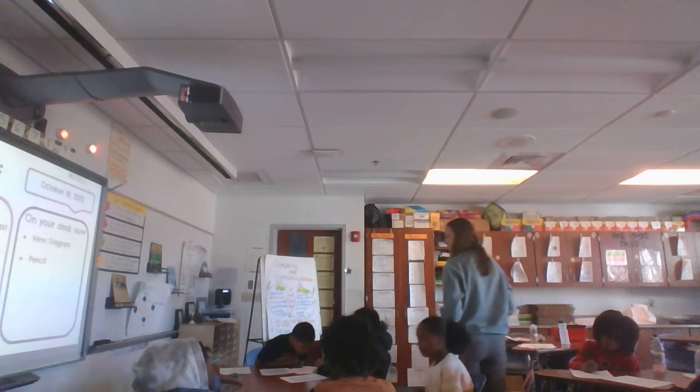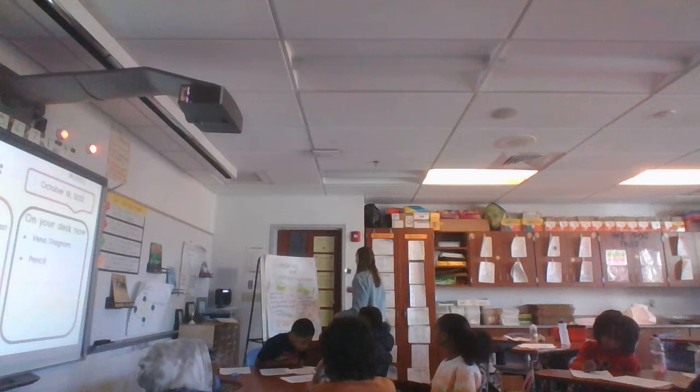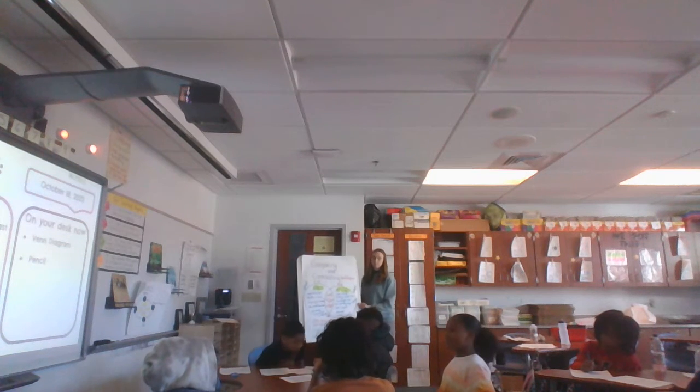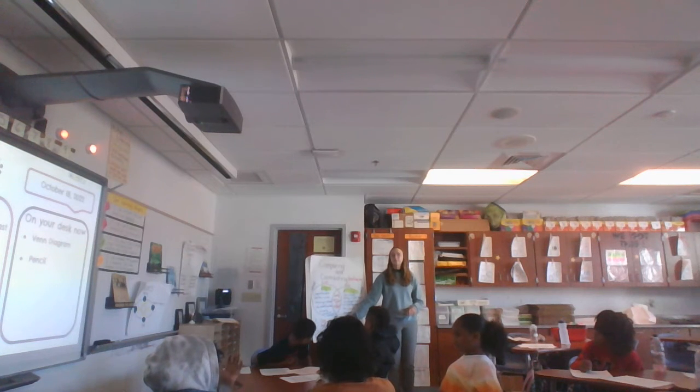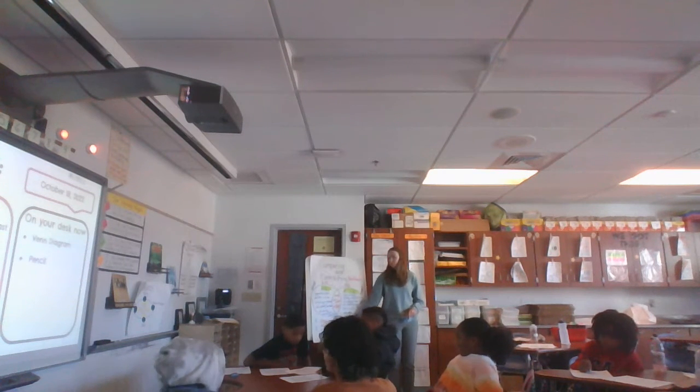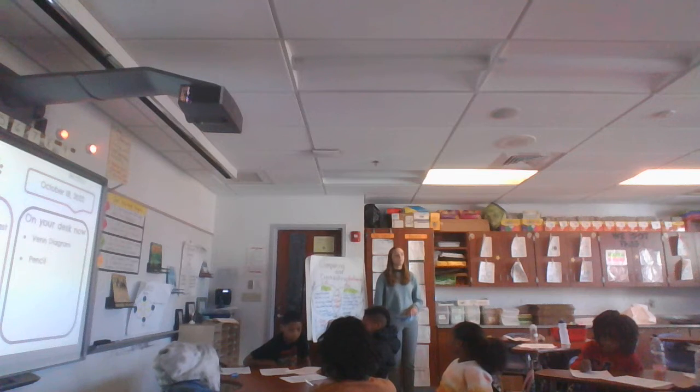Okay, I'll move it over. Jeffrey, you're writing one way that they are similar. Move past it. One way that they are similar, and write one way that they are different.